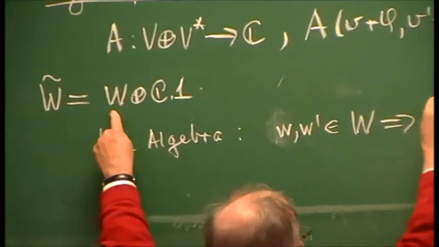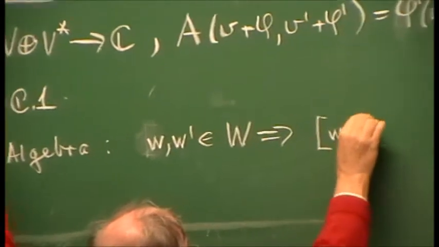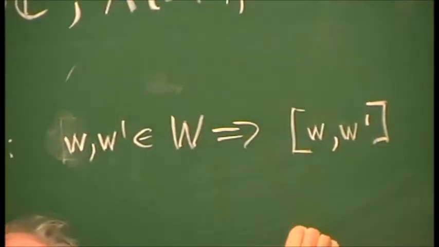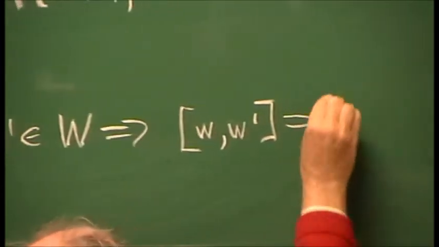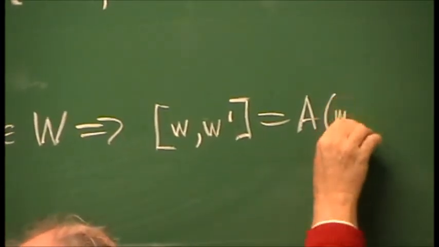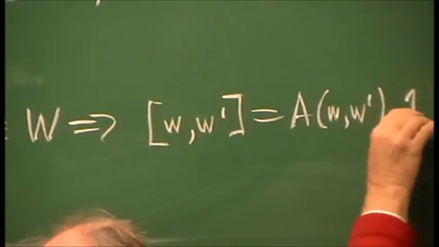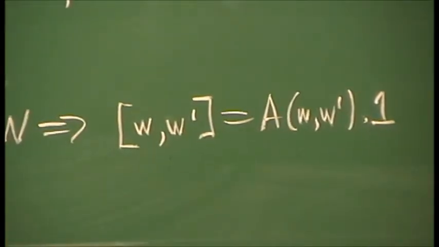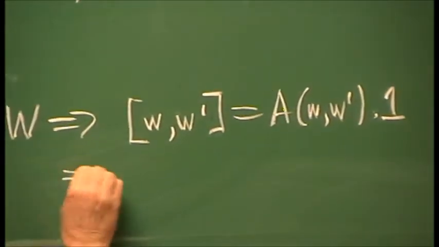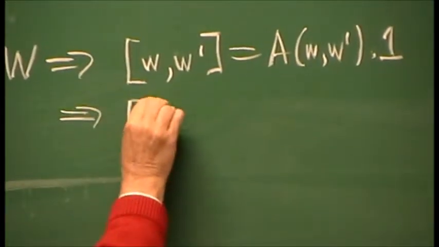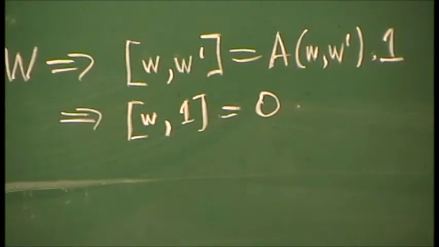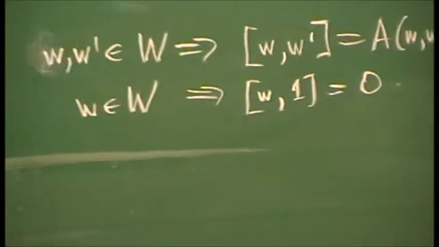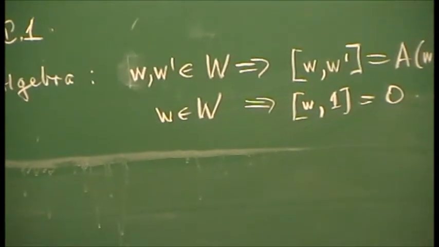Then I define the bracket of these things to land in this multiple of the vacuum, namely just this alternating form times 1. And the agreement is that the vacuum can be used with everything. So all stuff. That defines the Lie algebra structure.